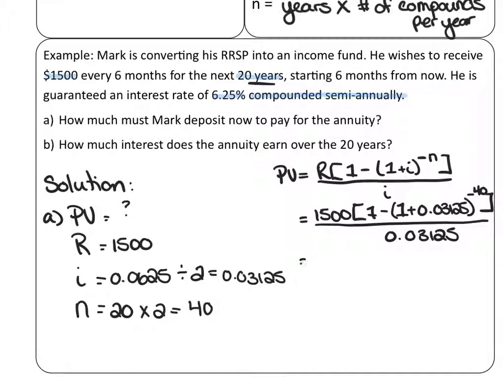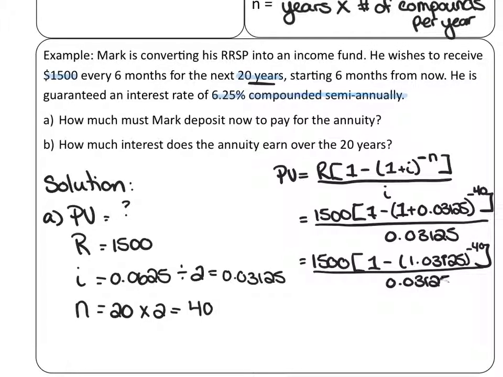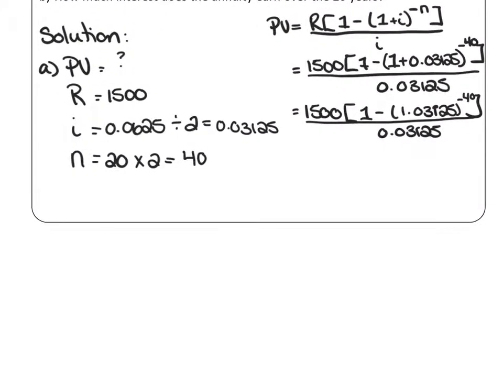So I'm going to do what's in the brackets first. This is 1.03125. I might run out of room here, but that's okay. 1 minus, I'm going to do the exponent on that.